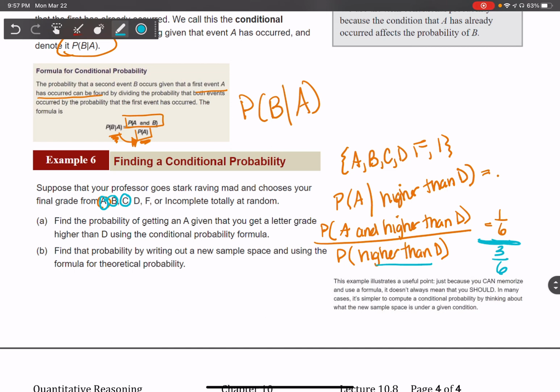Okay, P of A and higher than D. So to be A and higher than D will be 1 out of 6. And then to be P of higher than D, it's just 3 out of 6. Okay, so now we have 1 out of 6 divided by 3 out of 6. Keep, change, flip. We get 6 out of 18, which reduces down to 1/3.